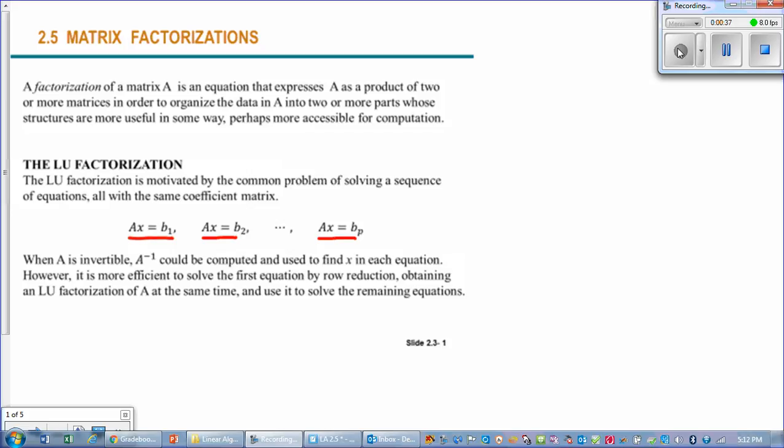Now, you could solve for A inverse first, and then you'd have x = A inverse b1, and x = A inverse b2, and so on when you're solving that series of equations. But it's usually more efficient to actually solve the first equation by doing some row reduction, getting this LU factorization at the same time, and then using that to solve the remaining equations. So it's all about efficiency when you're working with computing abilities.